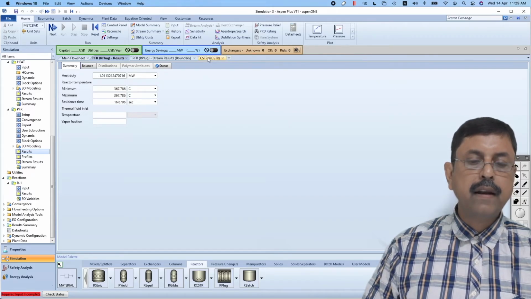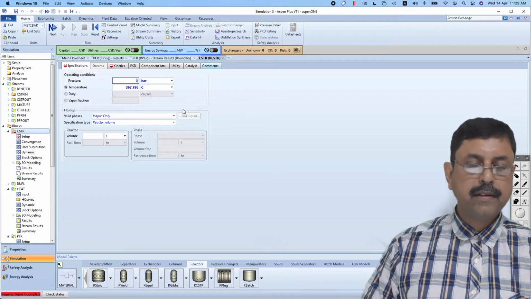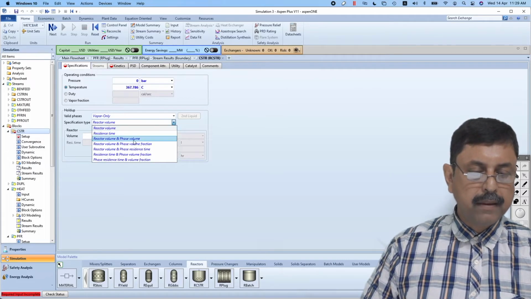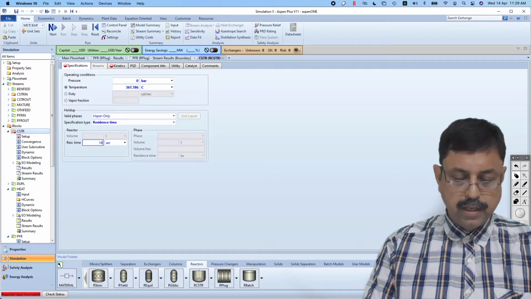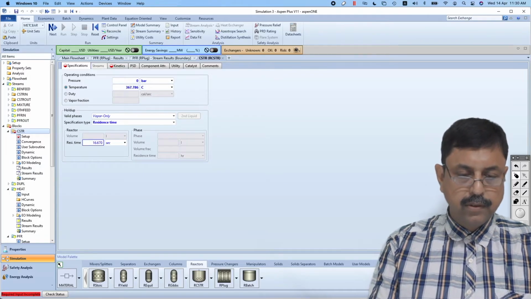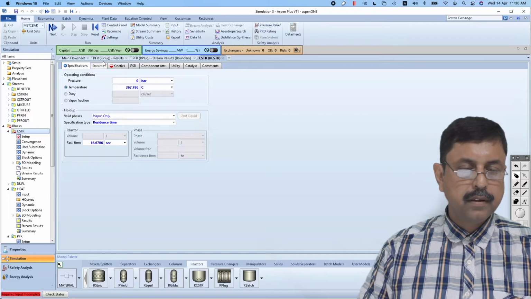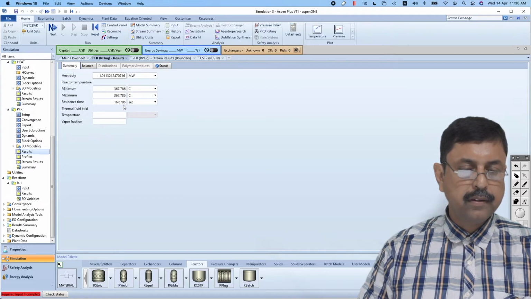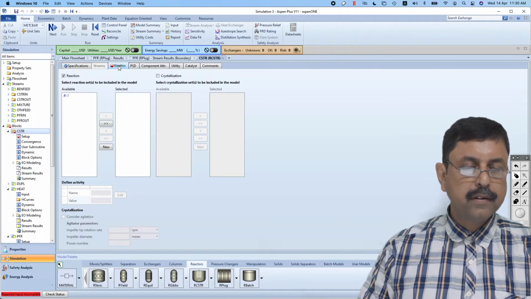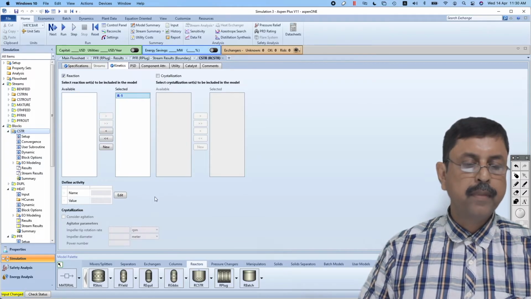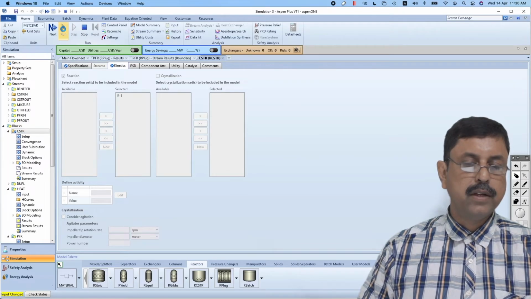So the equivalent of residence time we will specify for CSTR also, which is 16.6706. And the kinetics, already you have set R1 for PFR, the same R1 you can use for here, and all is set. Now run the simulation.